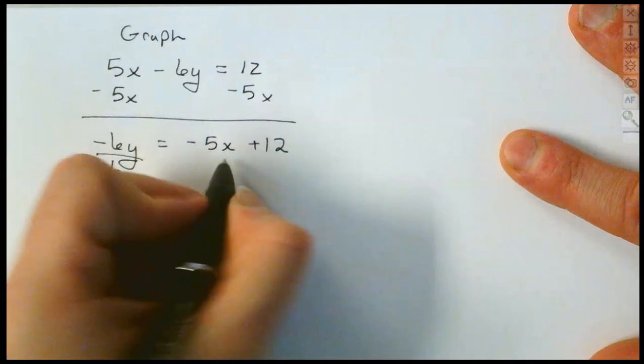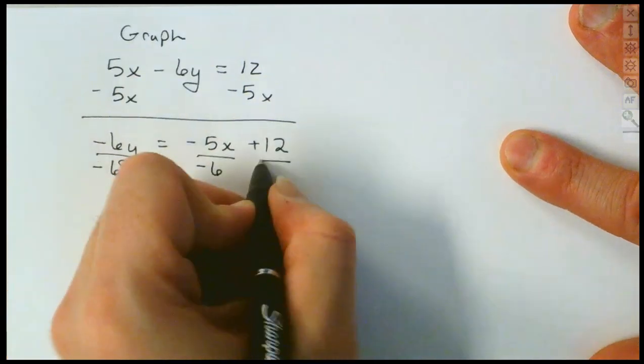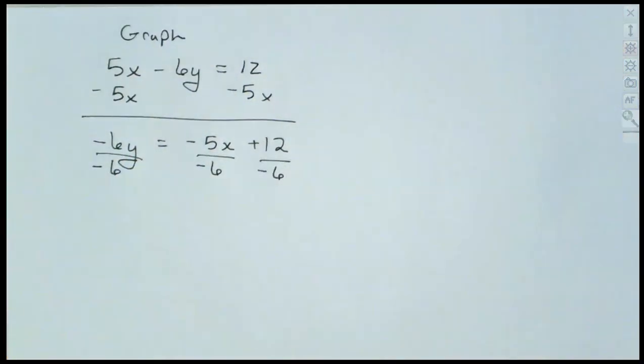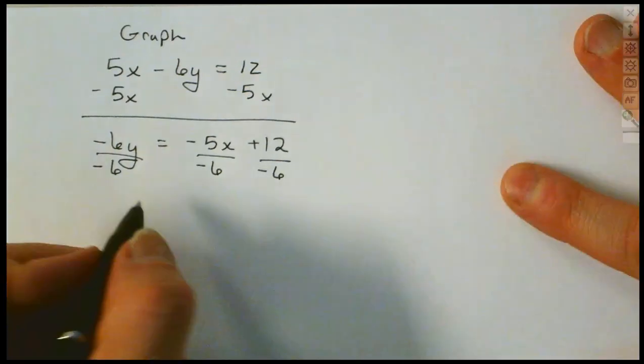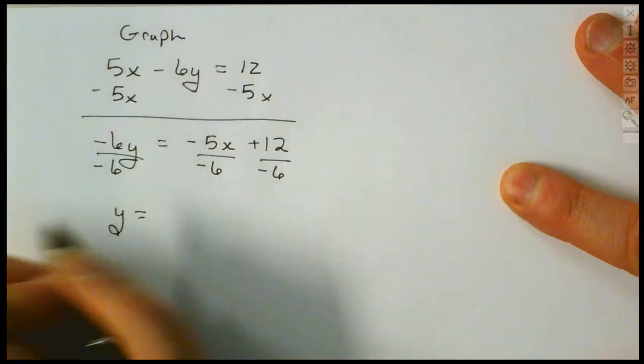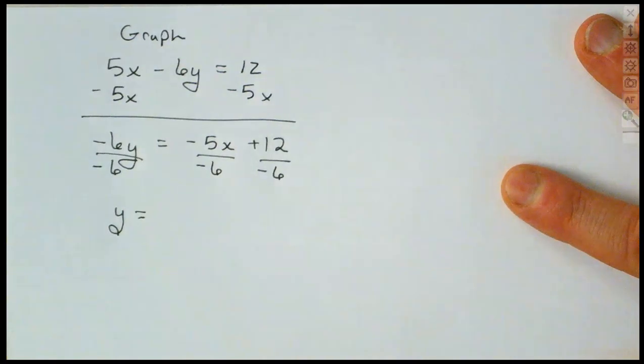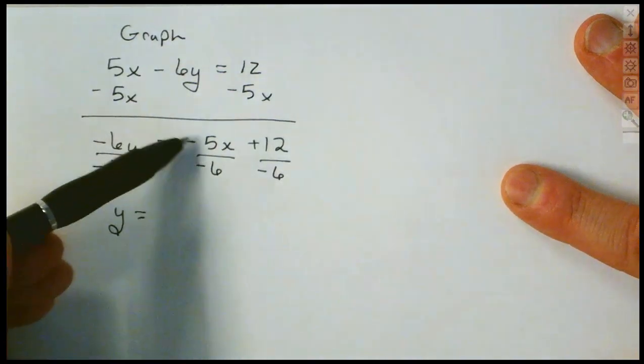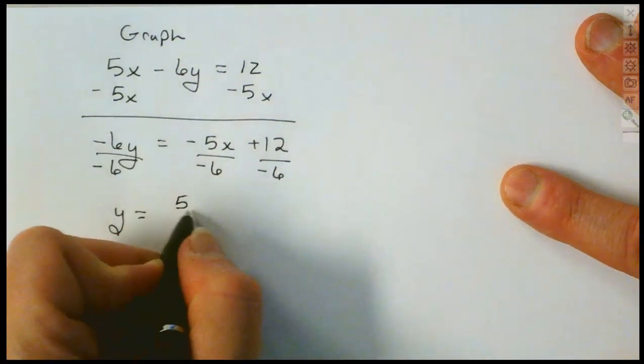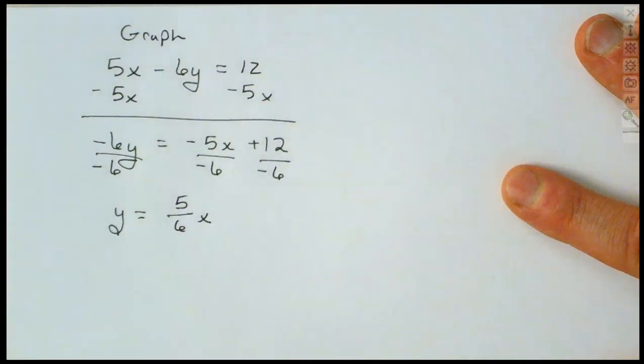Divide by your negative 6, and be very careful with your signs. A lot of us still want to make sign errors. We just need to make sure we keep those to a minimum. So watch for sign errors. The left-hand side comes out to be a y. Negative and negative here makes it positive 5/6 x.